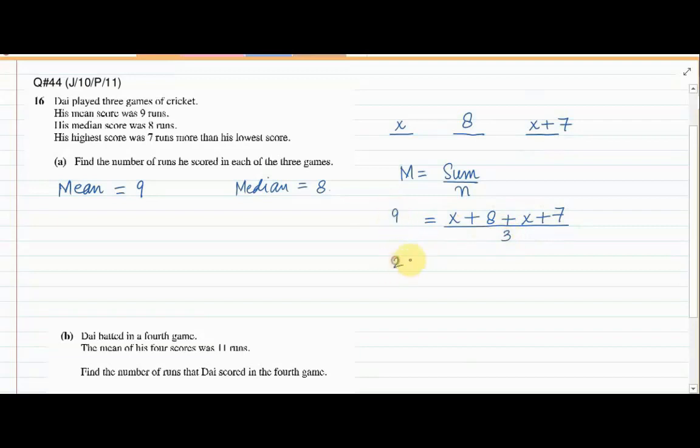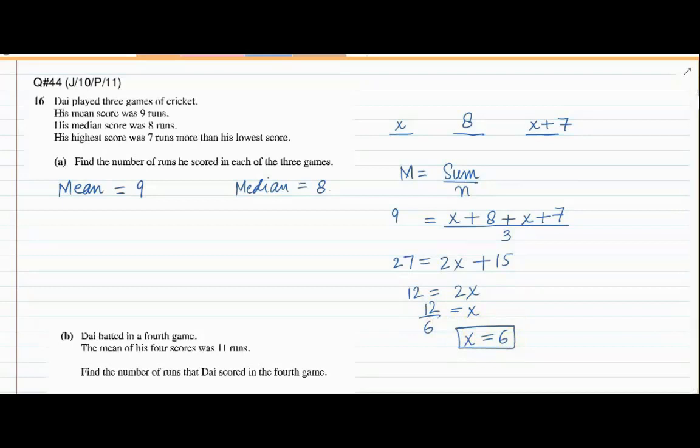So 3 times 9 is 27, equals X plus X, 2X, and 8 plus 7 is 15. So 27 minus 15 is 12. So 12 equals 2X, divide 12 by 2 and X is equal to 6. So that means his lowest score is 6.